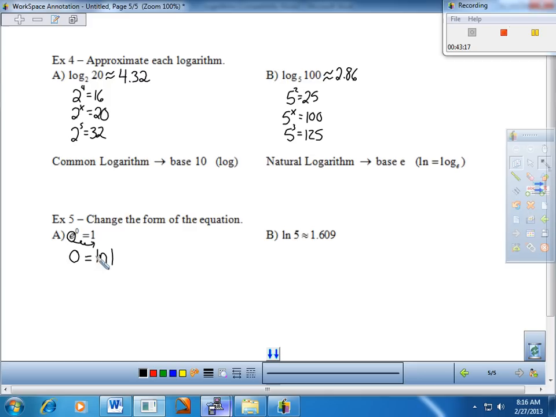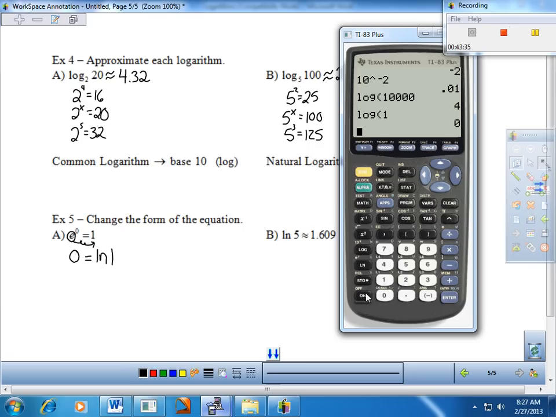Instead of writing log base e, we write ln for natural logarithm. And this is actually a true statement. Obviously, e to the 0 is equal to 1. And what that means, of course, is the natural log of 1 is equal to 0. And watch just real quick, just in case. Natural log of 1 is equal to 0.